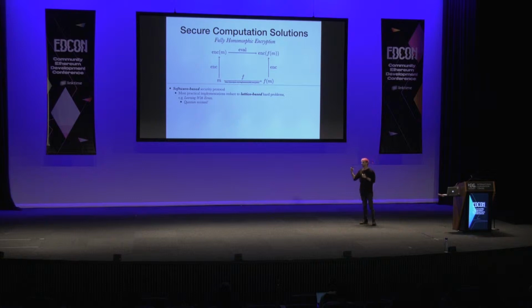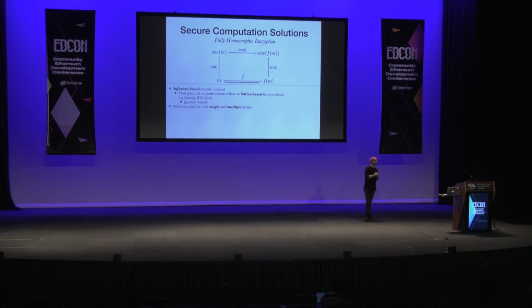Also, these things are usually implemented with hard mathematical problems that make things more secure. In the case of fully homomorphic encryption, the most practical solutions are implemented with lattice-based hard problems. That's lattice-based cryptography, with hard problems such as learning with errors, which are also quantum resistant, if you're interested in that. Solutions exist for both single and multiple parties.